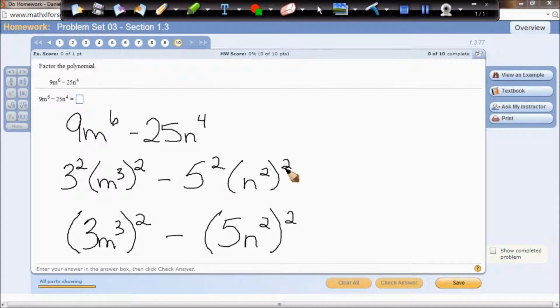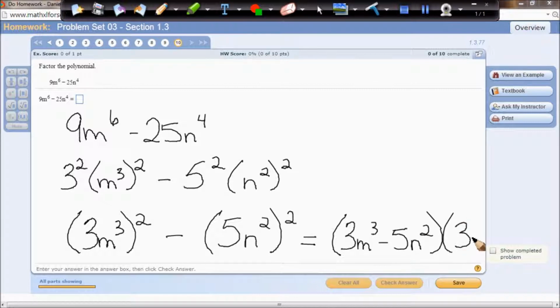This is squared, we can write them together. So when we factor, we get the first thing minus the second thing, 3m cubed minus 5n squared, times the first thing plus the second thing, 3m cubed plus 5n squared. All right, and that is as factored as that gets.